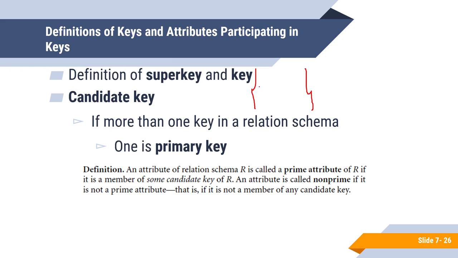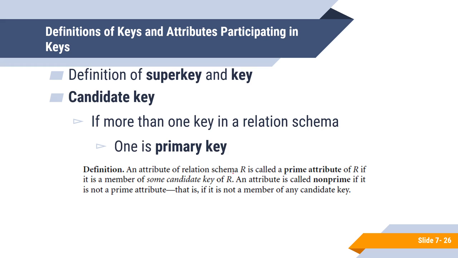In this, SSN is the primary key and name is the candidate key. All these things you already learned in relational design.